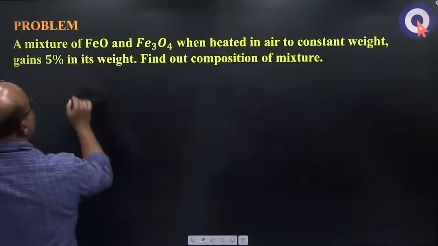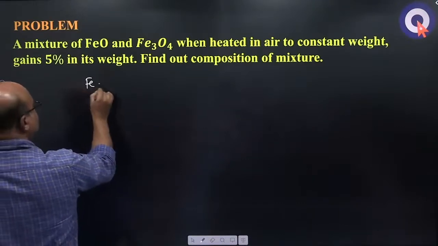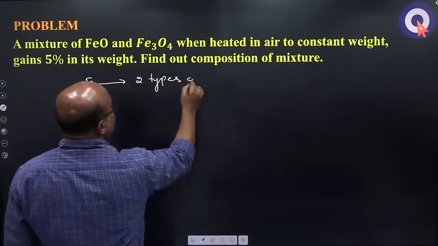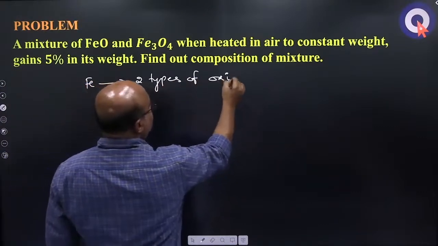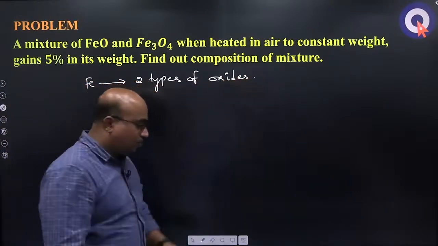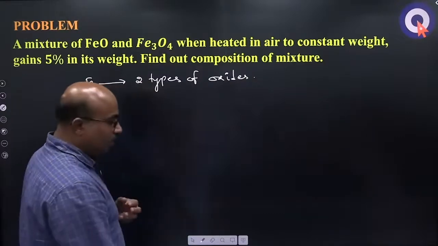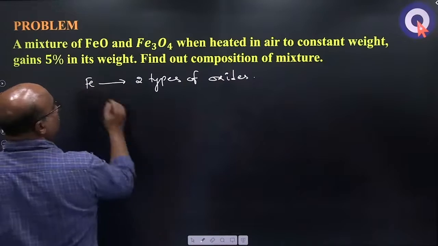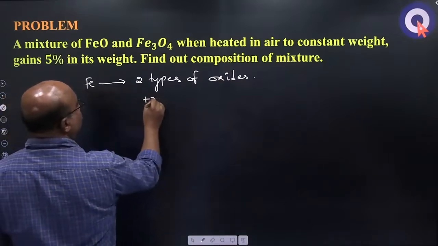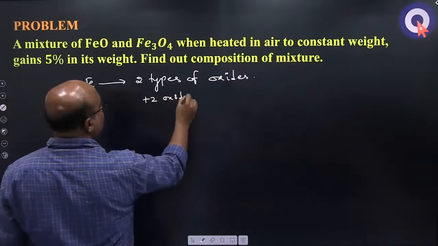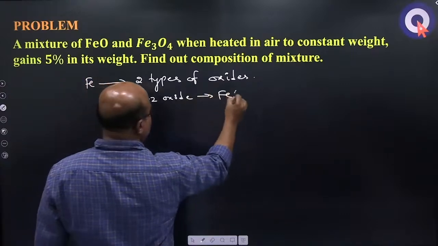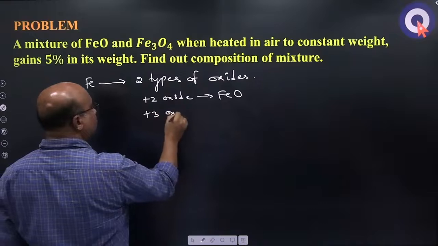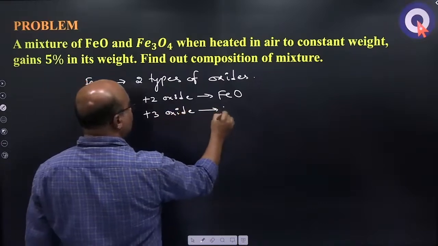Iron generally exists in two types of oxides. Iron usually exists in two types of basic oxides, that is Fe plus 2 and Fe plus 3. So the plus 2 oxide is nothing but FeO, and the plus 3 oxide has the formula Fe2O3.